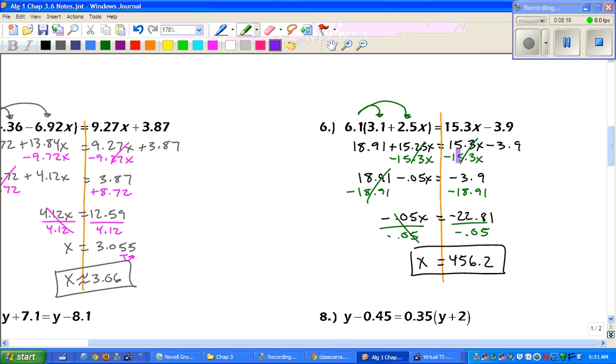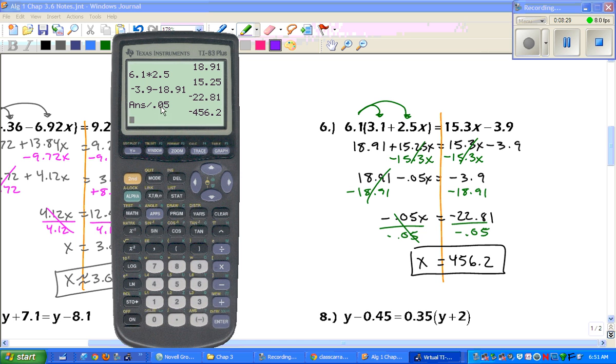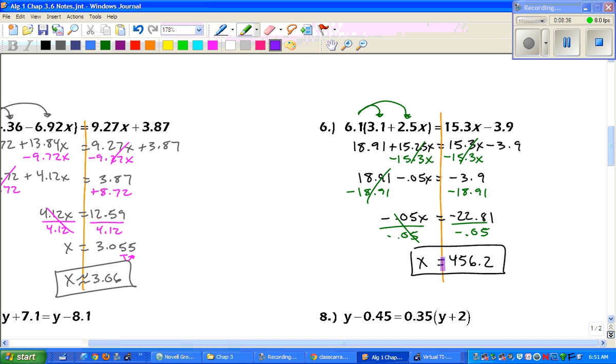I moved my x to the opposite side and got negative 0.05x. I subtracted the 18 from both sides, and then I divided by negative 0.005. Now, if you look at my calculator, since it came to a terminating decimal and it stopped right there, I didn't round it, so that's why we're using that equal sign.